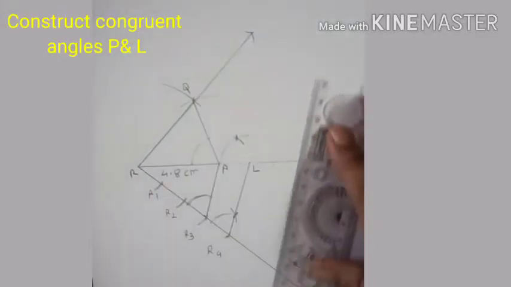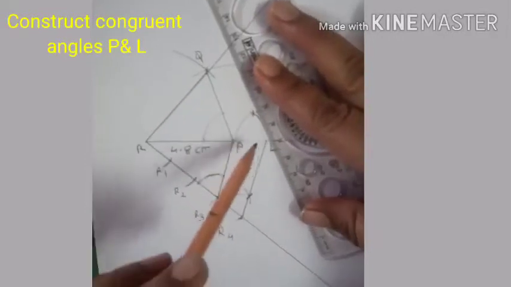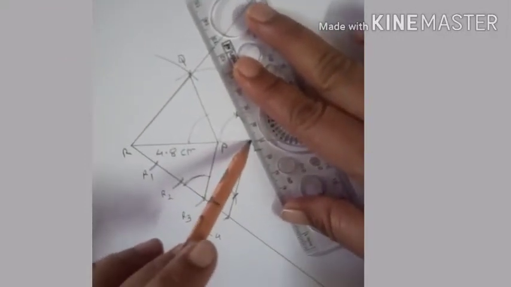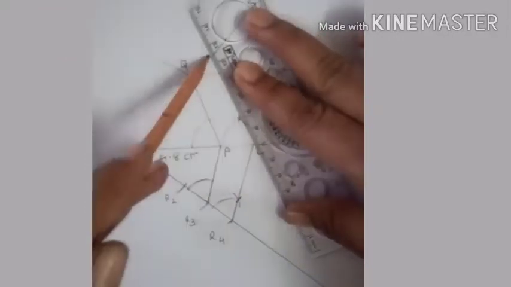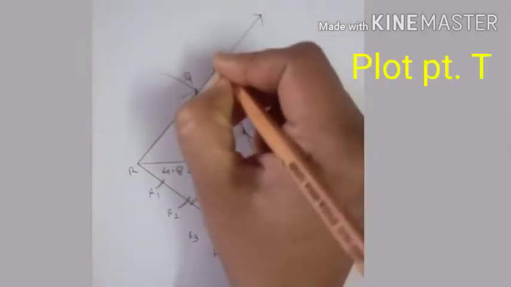Now join the intersection of both the arcs towards the point L and extend towards the extended side of RQ. Reach point T.